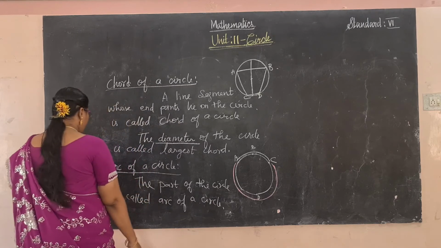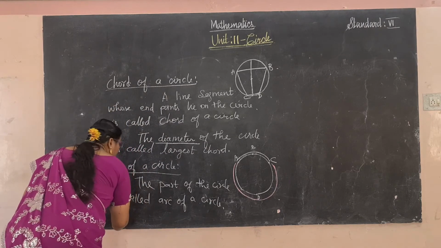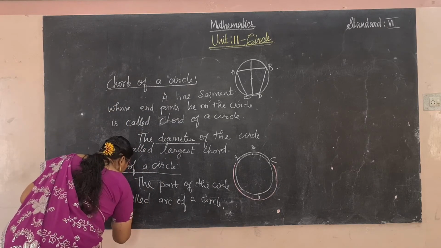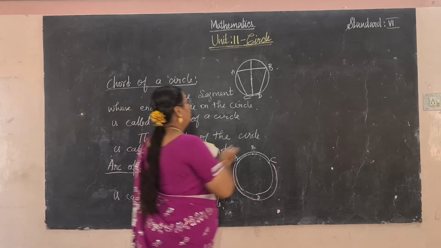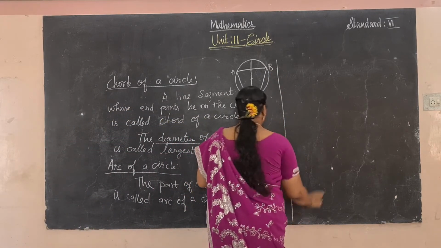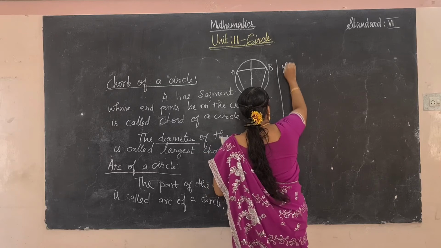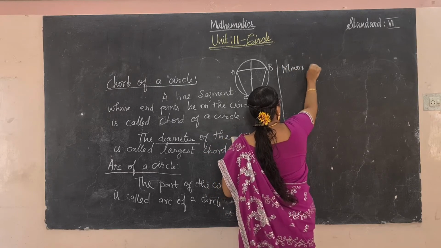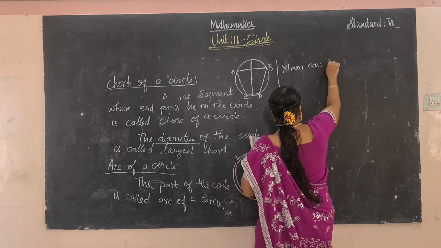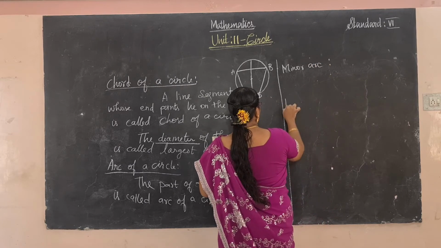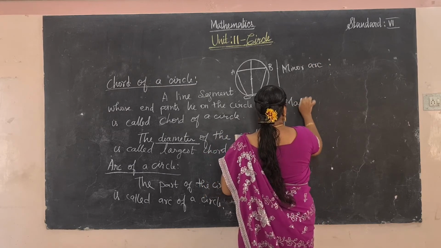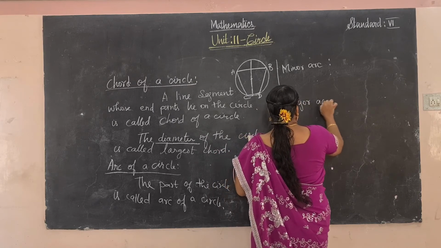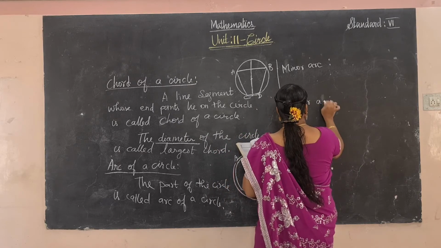Arc of a circle. Okay, here it can be divided into two types, right? One is the minor arc of the circle, and the second one is the major arc of the circle.